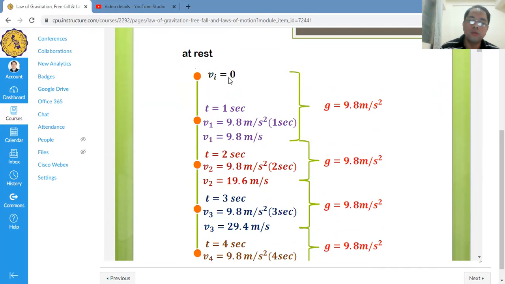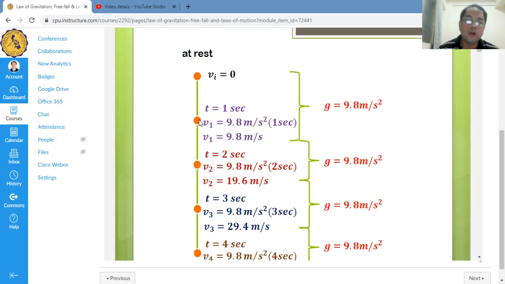Now, when I hold that object and then release it, I'm going to let it fall down. They notice that on the very first second, 1 second after that, the velocity changes from 0 to 9.8 meters per second. That's just after traveling for 1 second.